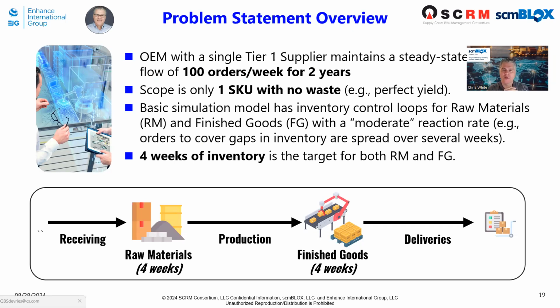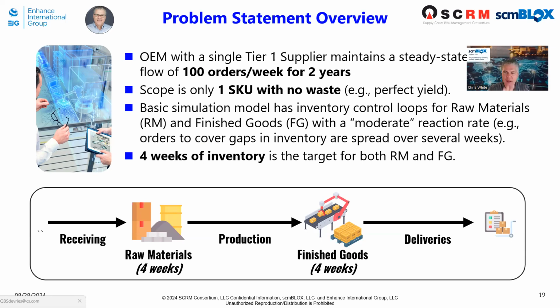And so we're looking at 100 orders a week for 2 years. That would mean 400 in raw material and 400 in finished goods as targets. We're only looking at one product or SKU. So we're not saying a company's going out of business if you see something tank in the model. It just means that one product is having issues. And there's no way, so perfect yield. We're not looking at a situation where you only got 90% good product.